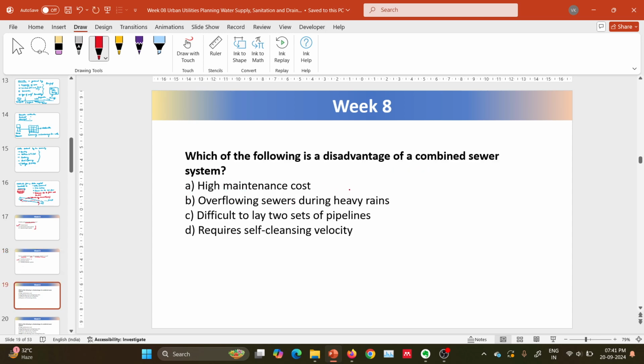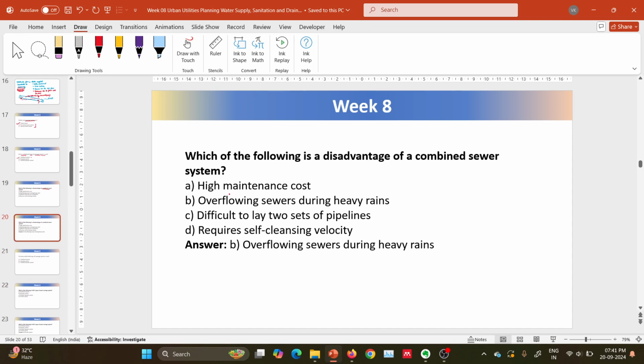Which of the following is disadvantage of a combined sewer system? So the disadvantage is overflowing of sewers during heavy rains.